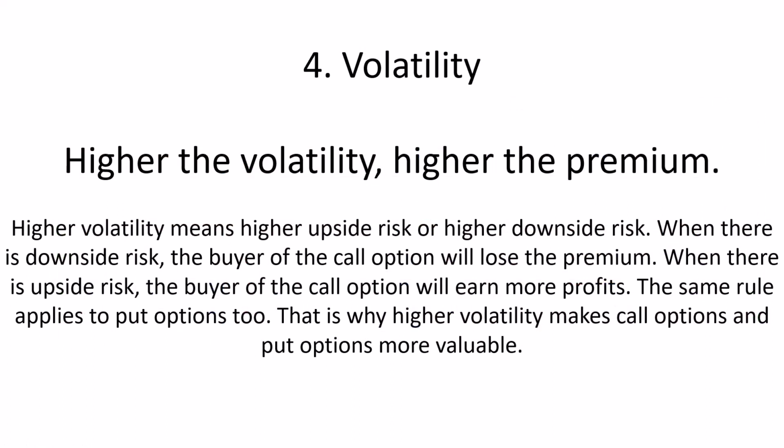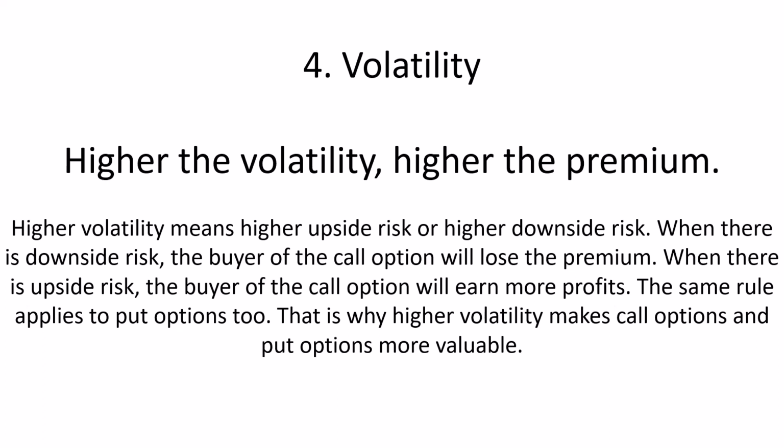Alright. Now, why is this? Higher volatility means higher upside risk or higher downside risk. Correct? When there is a downside risk, the buyer of call option will lose the premium.